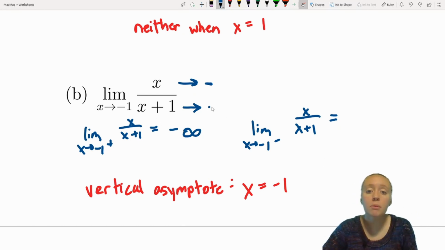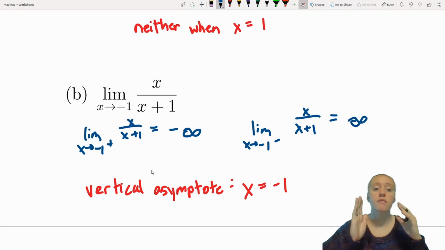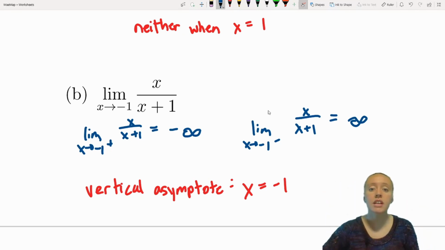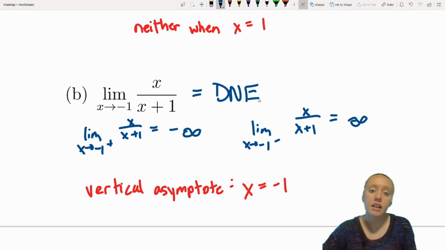That's approaching 0, but from negative numbers. So because the denominator is approaching 0, I know I'm going towards some infinity, and a negative over a negative gives me a positive. So this approaches positive infinity. So because from the left and from the right do not approach the same, either positive infinity or negative infinity, we say overall that this limit does not exist.